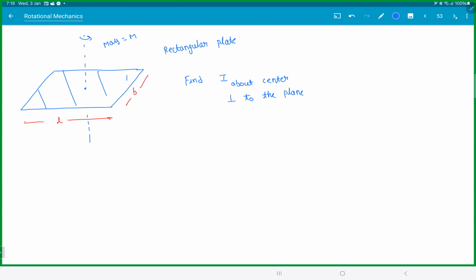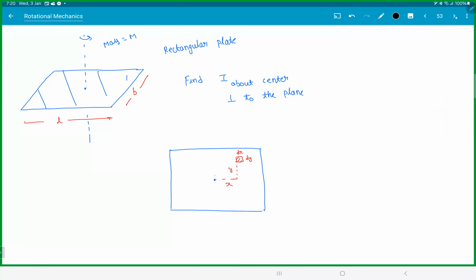How do you get an element? I'll give you the element, you try. So top view from the center at a distance x, at a distance y, take a small rectangle whose width is dx and whose height is dy.